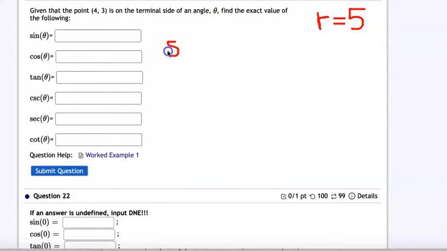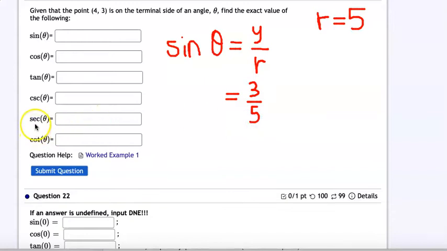So since sine of theta is defined by y over r, that means that my sine of theta, in this case the y value is 3, would be 3 over 5. Let's take another one.